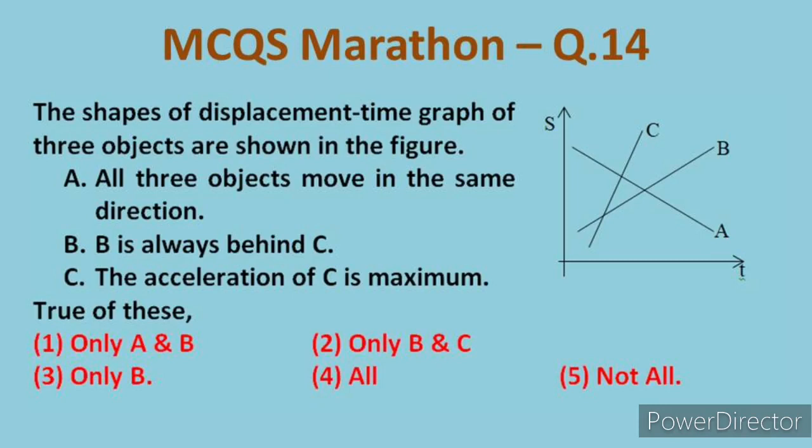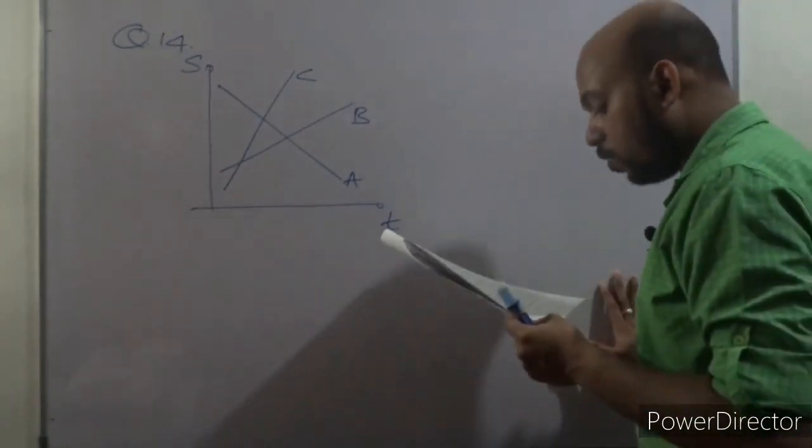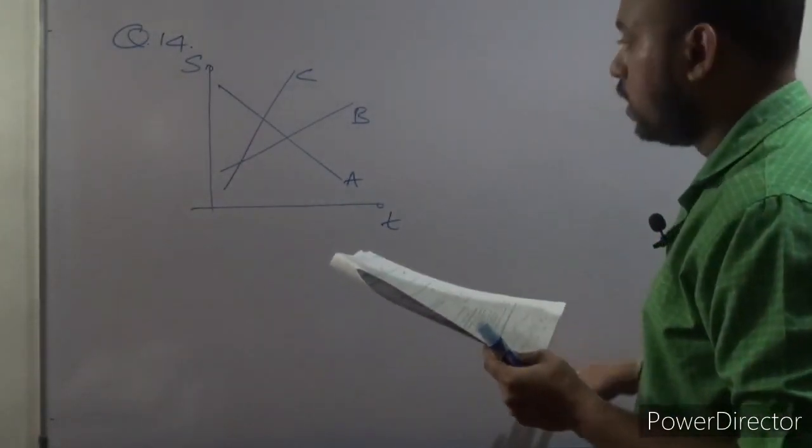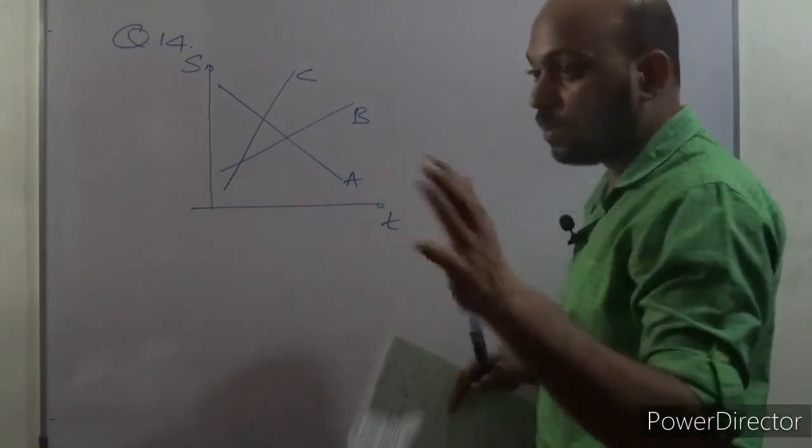Question number 14. The shapes of the displacement-time graphs of 3 objects are shown in the figure. A, all 3 objects move in the same direction. B, B is always behind C. C, the acceleration of C is maximum. Which are true? Here, first statement, all 3 objects move in the same direction. Direction means the velocity.